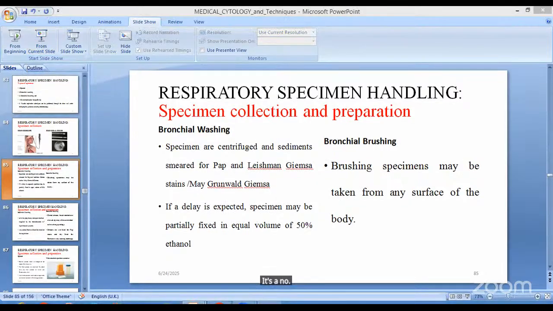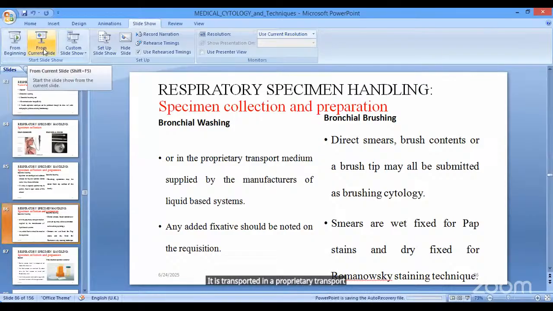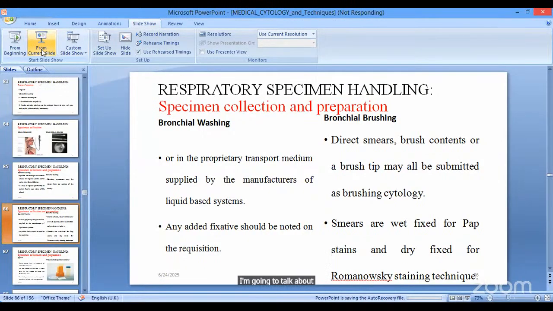Brushing specimen may be taken from any surface of the body, or it is transported in the proprietary transport medium supplied by the manufacturer of the liquid-based systems. I'm going to talk about liquid-based cytology later, so you see how it is done.